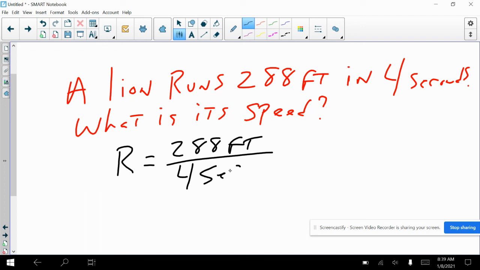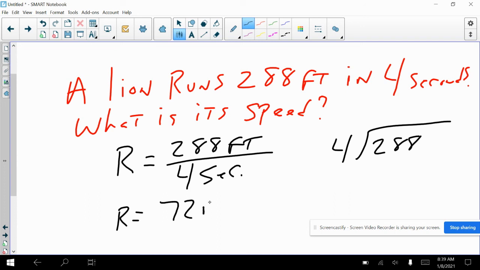The time, and again, as we've talked about from day 1 of school, remember you got to know which one the divisor and which one the dividend is there. Got to get those in the right spot. So our rate, once we divided, is 72 feet per second.